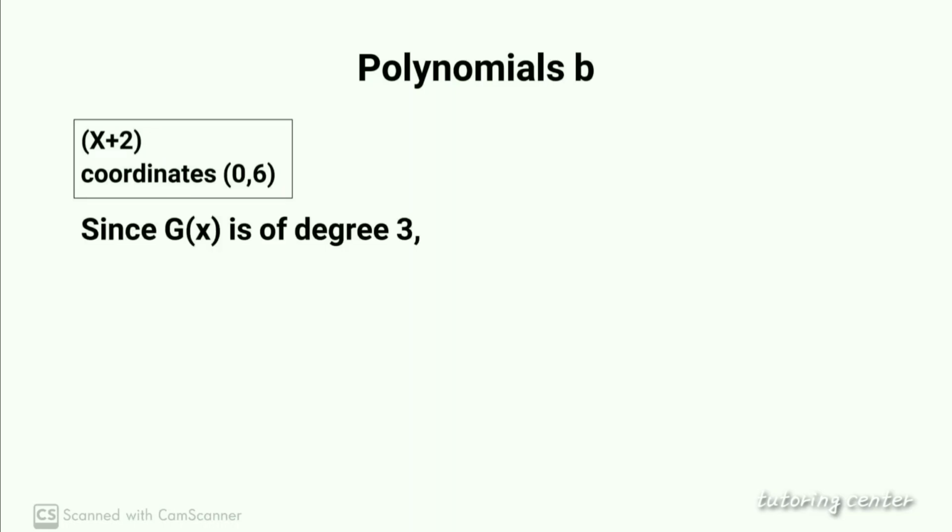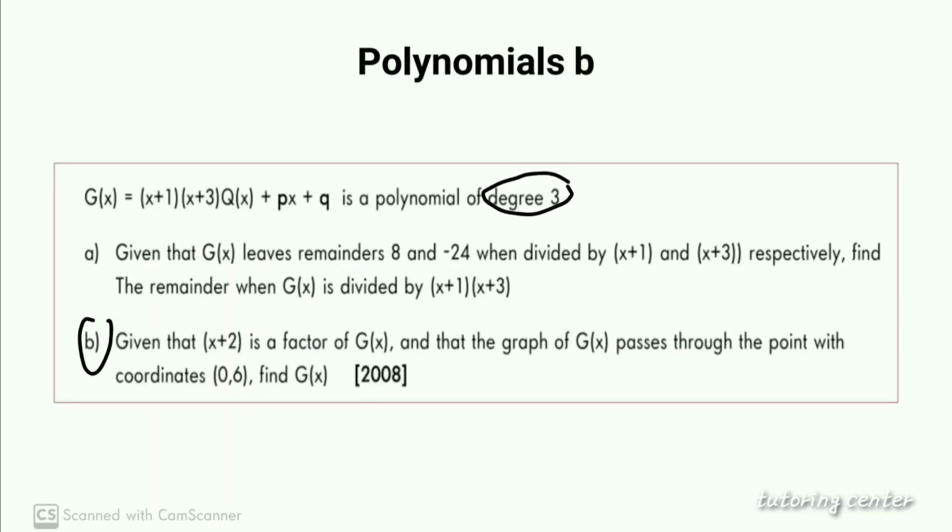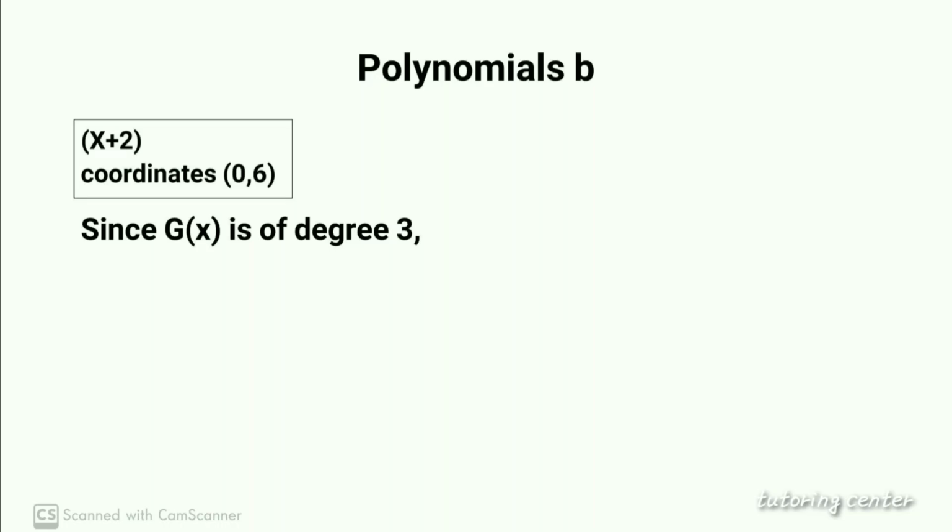Since g of x is of degree 3, as we read in the previous slide, let me just quickly explain here. The degree of a polynomial is the highest power of that polynomial.